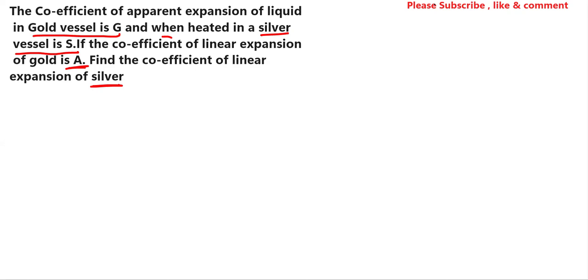So what is the basic formula? The coefficient of apparent expansion of liquid in gold vessel is G. So expansion of liquid with respect to gold equal to expansion of liquid minus expansion of gold.